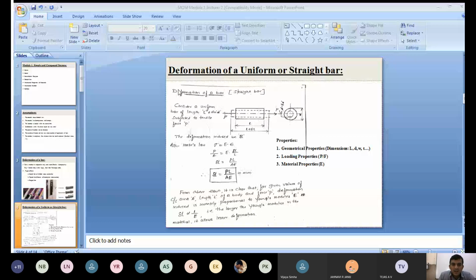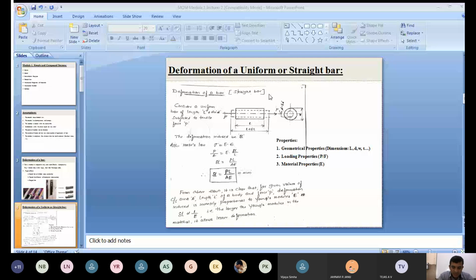What we can see here on the screen, the continuous thick line is the bar, and its length you can represent as L. Consider a uniform bar of length L, and you can see the side view. This is what we call the front view. If you go for the left side view, you can see a circular cross section.